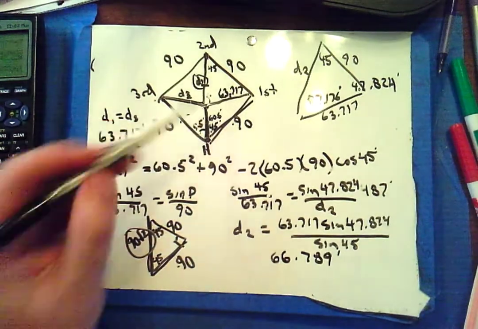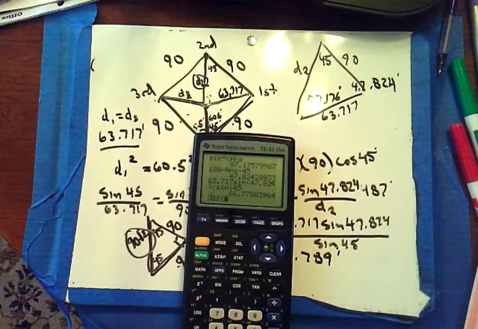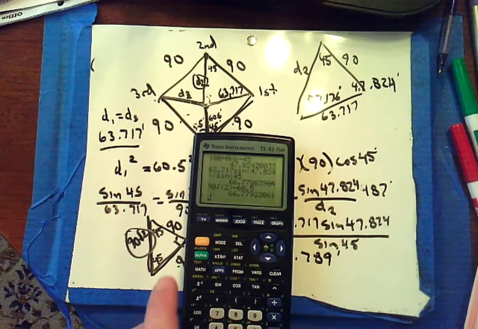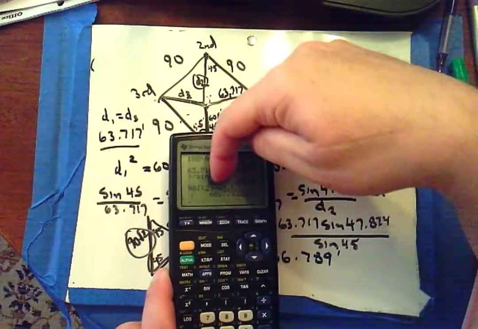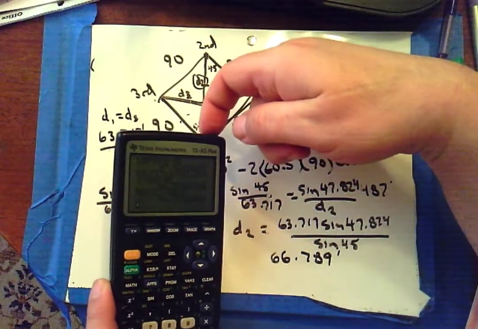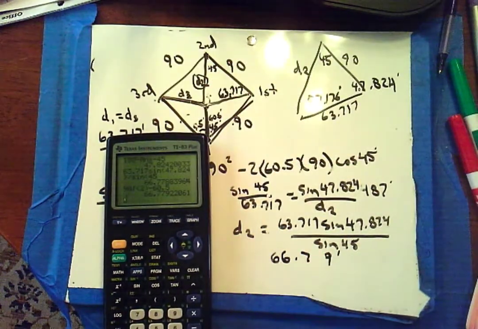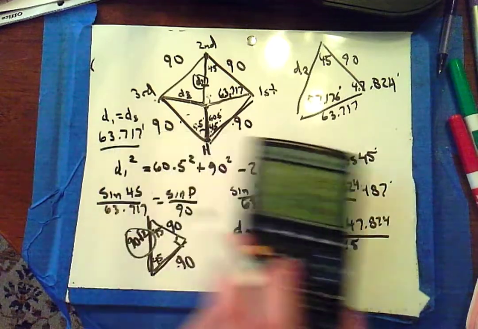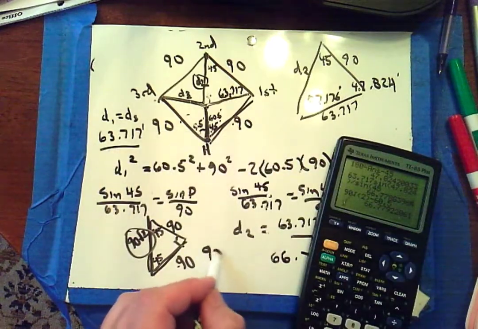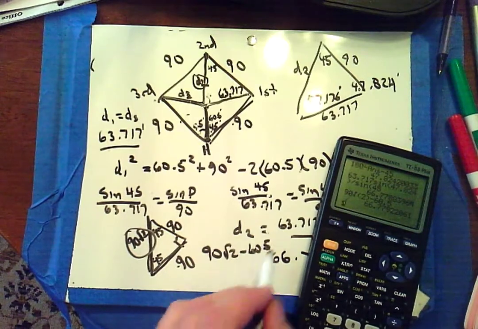And we know this part of it. So if we do 90 square root of 2 minus 60.5, we end up with 66.779. Did I copy that wrong before? I did copy that wrong before. 779. And we get that same answer by doing 90 root 2 minus the pitching distance.